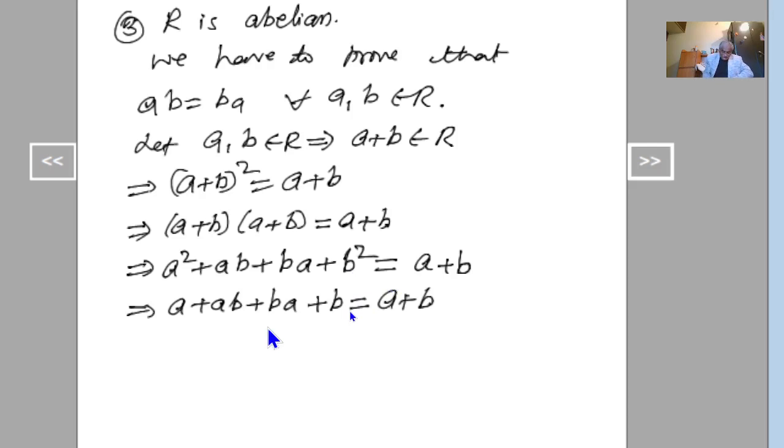Now here, treating this A as the first element and all the remaining as the second element, and on the right hand side we have A, here B. Okay. So we can use the left cancellation law.